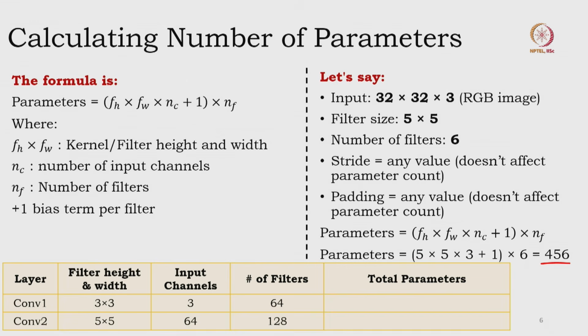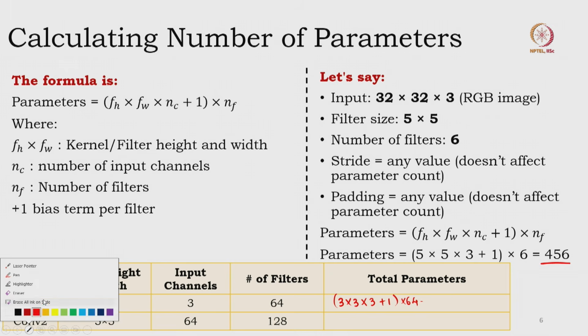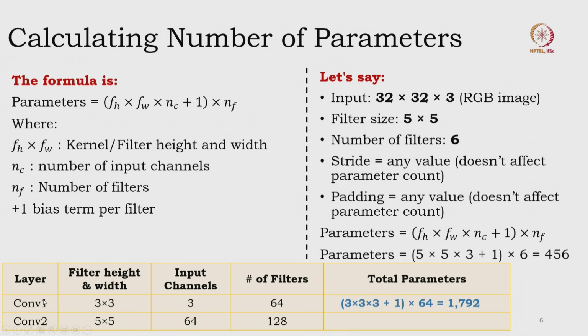In a similar way, let us take one more example. Here the filter width and height is 3 cross 3. So you will have 3 cross 3, and the number of channels here is 3, plus 1, and then how many such filters? The number of such filters is 64. So when you do this calculation, we are going to get this output.